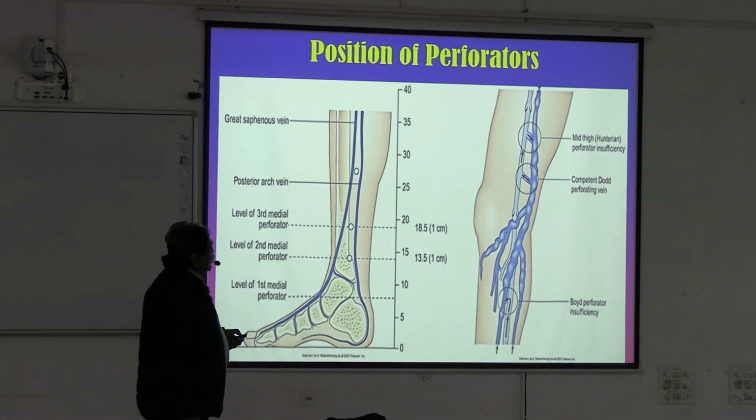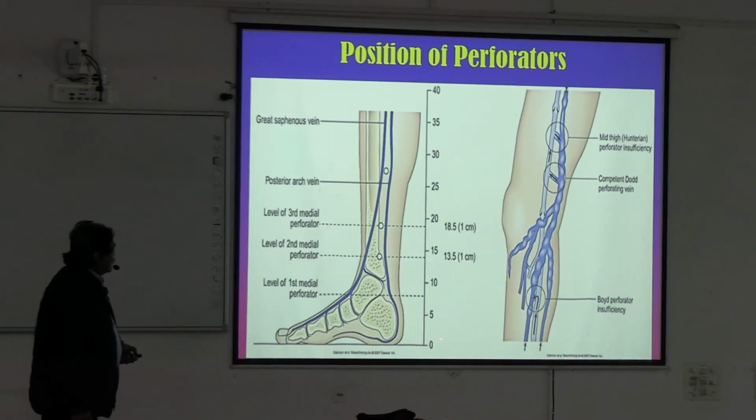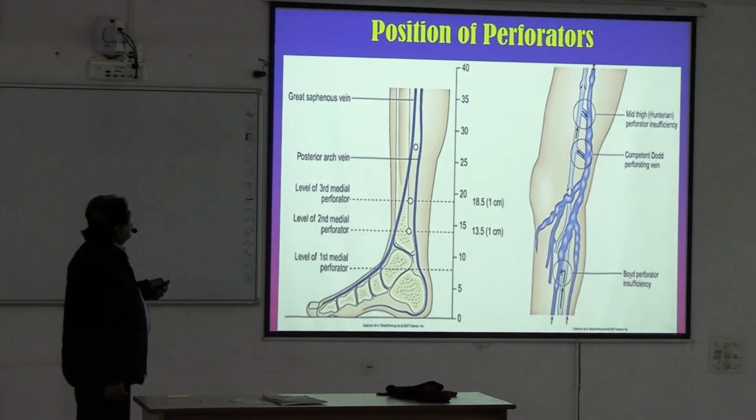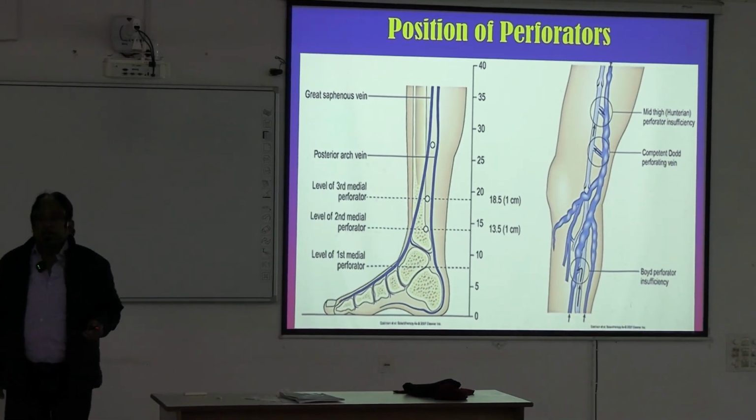Dodd is also an anatomist, perforating vein, Boyd, actually perforating insufficiency. So you can see the level. See, you just draw 0 to 40 centimeters, just 5 centimeters apart, and you label them and you get position of the perforators.